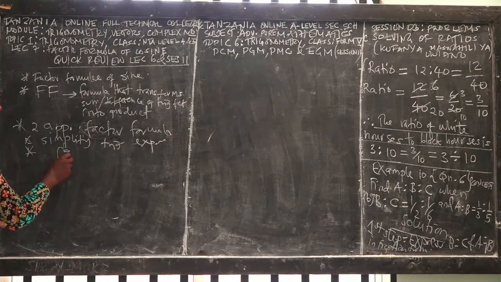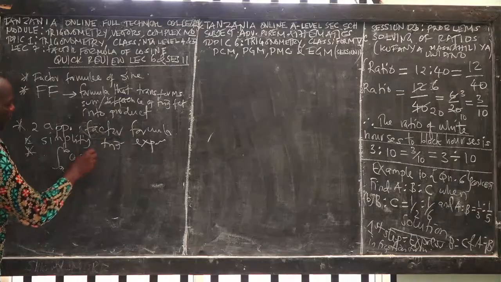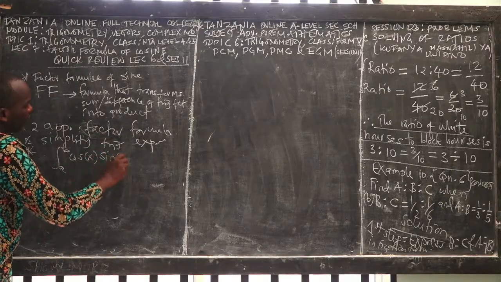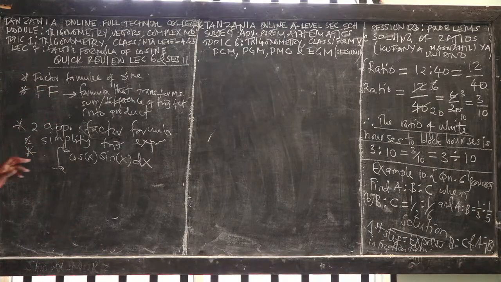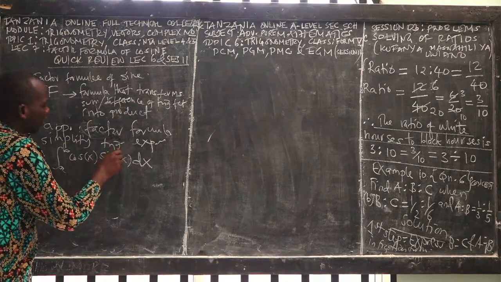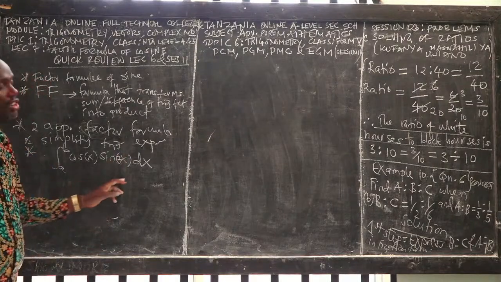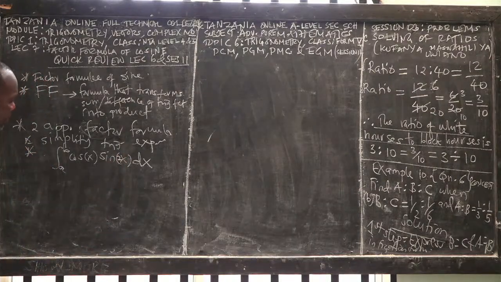Let's say the integral from a to b of cos x sine x. This is a product of two functions, so we can integrate it by using the factor formula of sine.